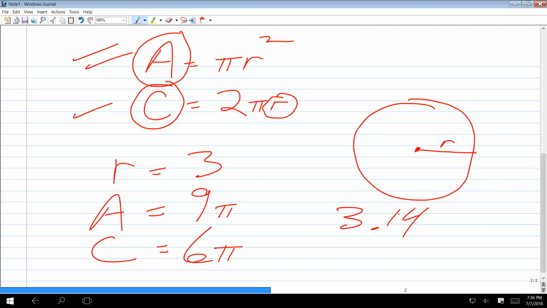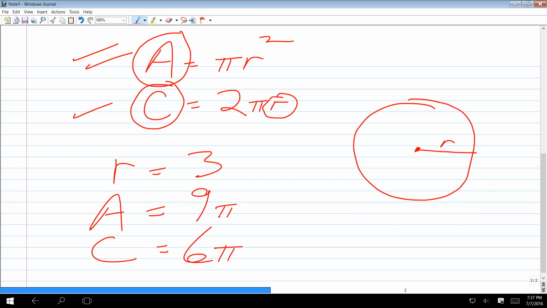Even if I say 3.1459, that's an approximation. In other words, if ever I write pi as a decimal, it's an approximation. So if I want the most accurate answer possible, I'll always use pi in the answer.